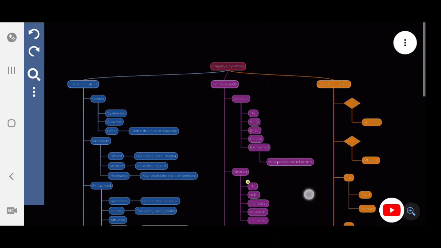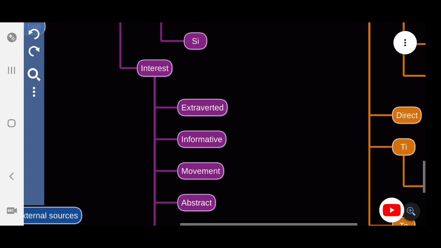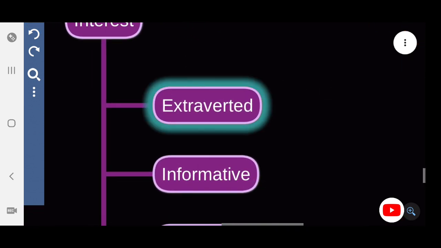Then we're going to look at the second example over here: someone that is interest focused. At least I always confuse someone that is interest focused with someone that is extroverted, because someone extroverted prefers to talk about something engaging, something that spikes the interest of someone.